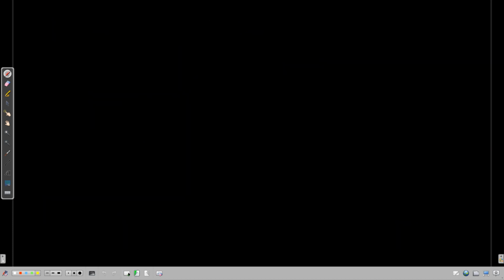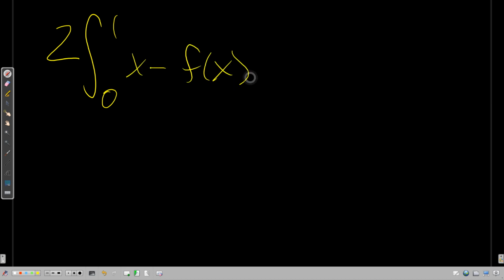And we talked about some applications. In particular, the Gini index is a fantastic application. It was 2 times the integral from 0 to 1 of x minus f of x. All right.